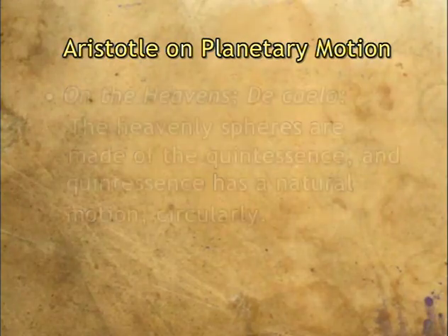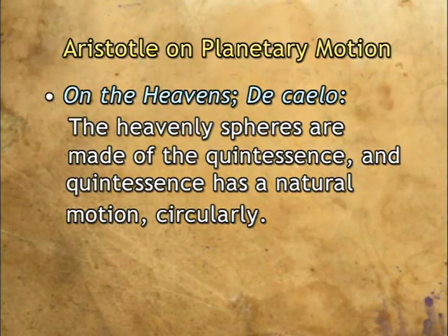In his work On the Heavens, De Caelo in Latin, as it was known in the Middle Ages, he says that the heavenly spheres are made of the quintessence, and quintessence has a natural motion circularly, just the way a rock naturally falls straight down to the center of the earth because it's made of earth. So too, the celestial spheres naturally turn in uniform circular motion.